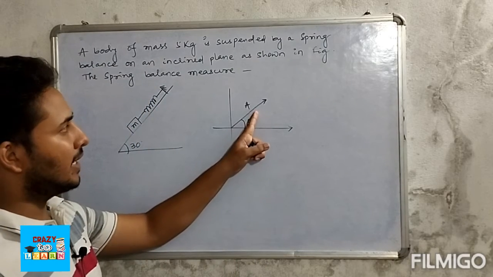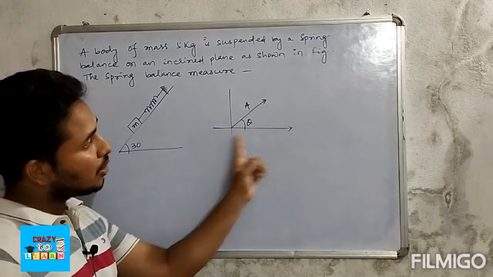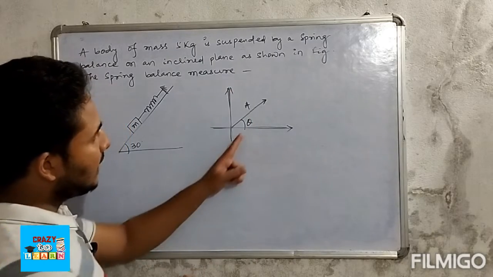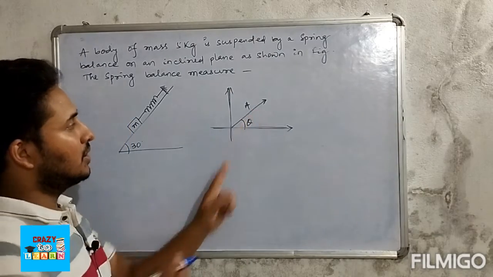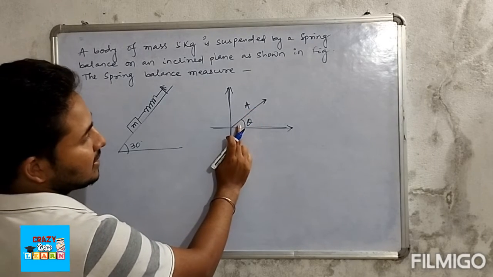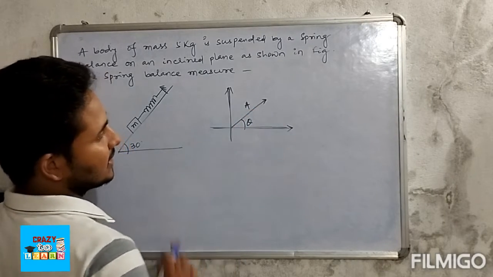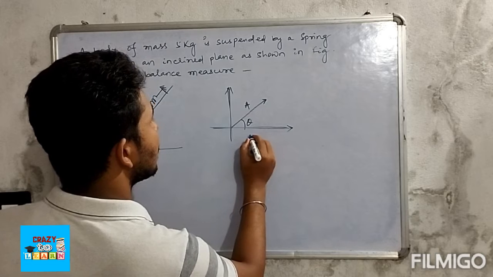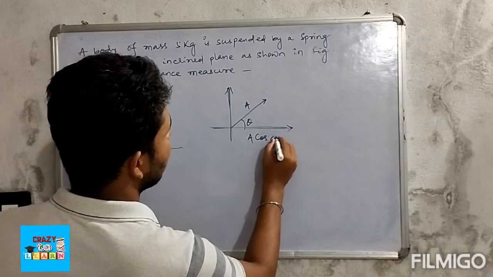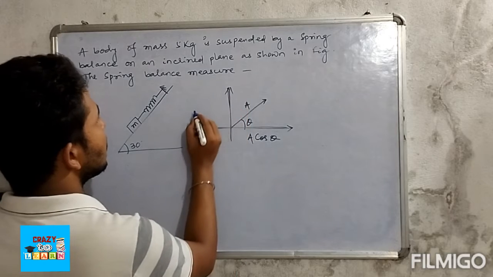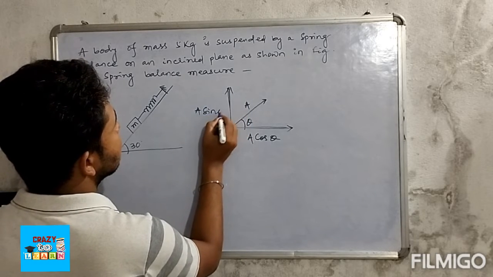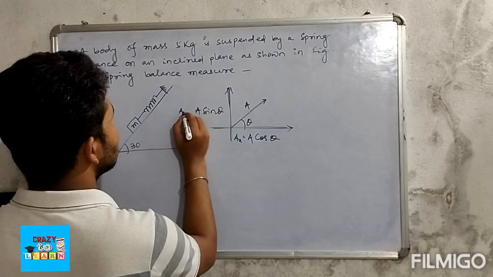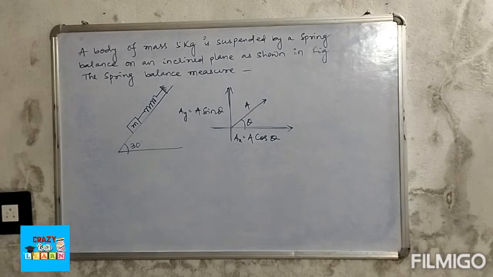Okay, if the vector A subtends an angle theta with the horizontal axis, this is your horizontal axis and this is your vertical axis. If the vector A, listen mindfully, makes an angle theta with the horizontal axis, then the horizontal component is a cos theta, and we will take the vertical component as a sin theta, and it is written as Ax is equal to A cos theta, and it is written as Ay is equal to A sin theta.